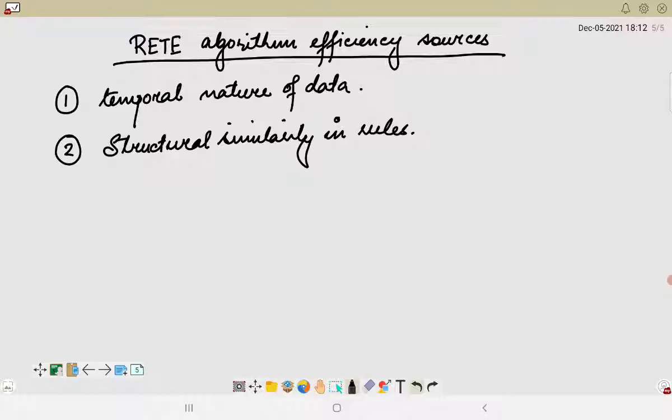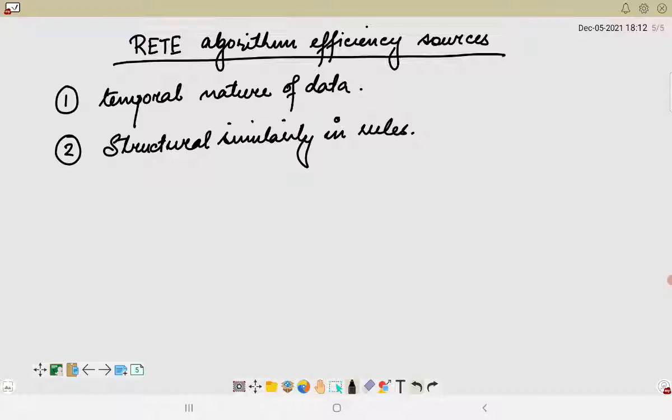If we are considering rules which will identify wild animals, that means they live in the forest, they have a long tail, or they have such other properties which are associated with the wild animal category. Those rules basically form a structure in the memory, and that structure can be utilized again and again. The structural similarity can be exploited severely in the RETE algorithm.